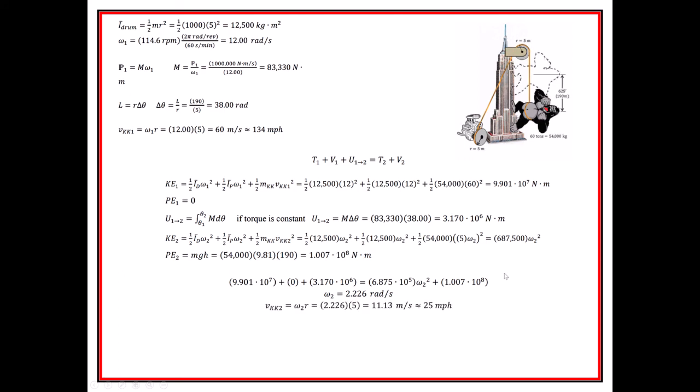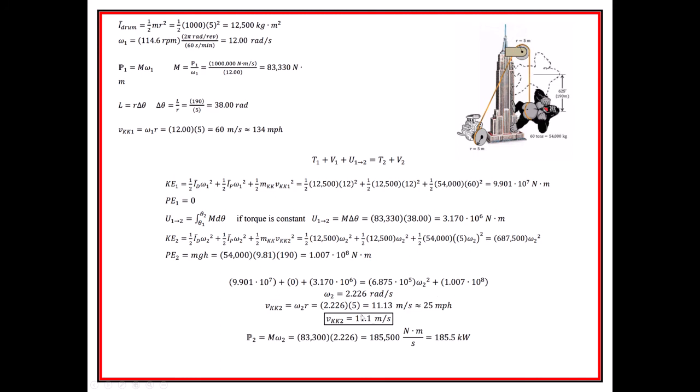So the velocity of King Kong is therefore going to be that omega 2 times r. So it has slowed down. Yes, it has definitely slowed down from its original speed right there. Because it was a constant torque, it kind of had to, right? But there you go. There's King Kong's speed.